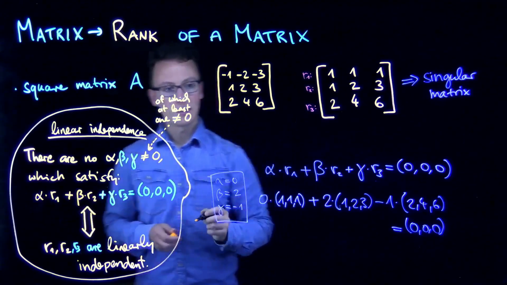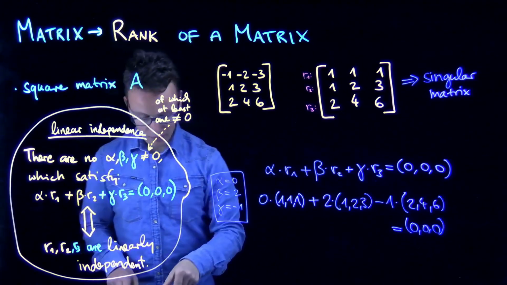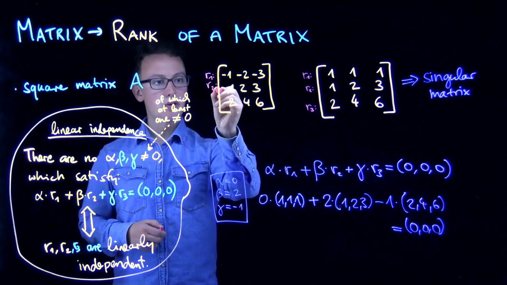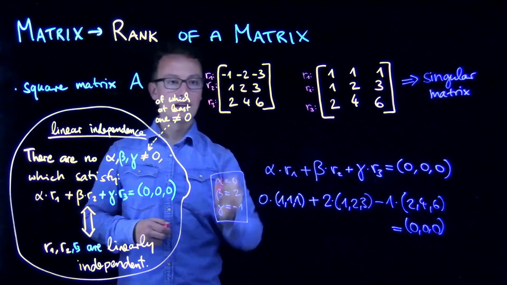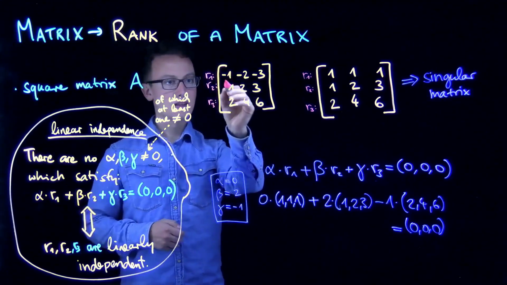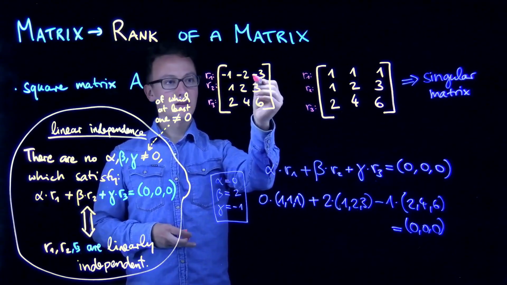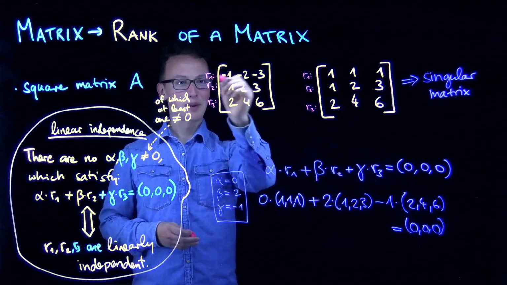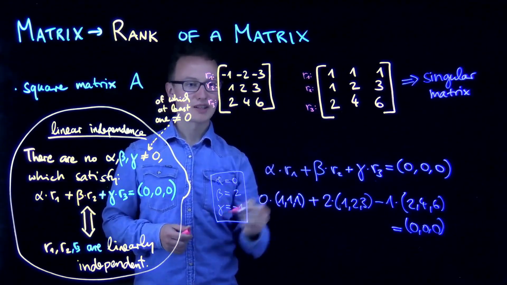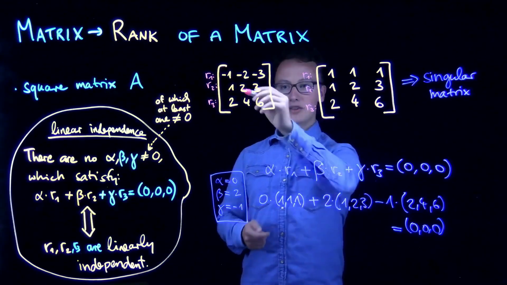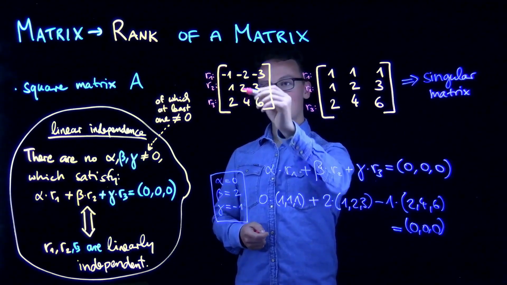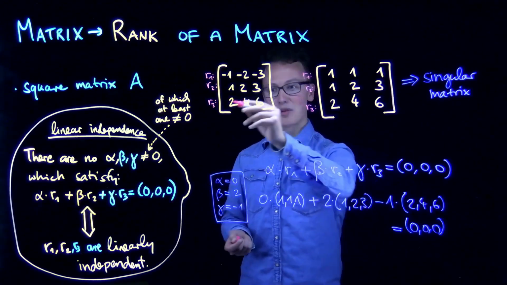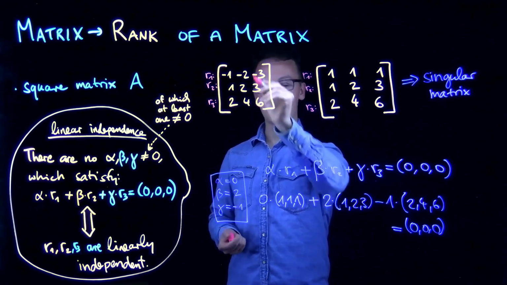Now here you can see that even if we had just looked at the very first 2 rows, like row 1 and row 2, we would already have found a linear dependence, because the first row is just a multiple of the second row, like there's a factor of -1. If we take -1 times row 1, we get row 2 and vice versa. And also we have the same linear dependence between the second row and the third row, and thus by extension also between the third row and the first row.